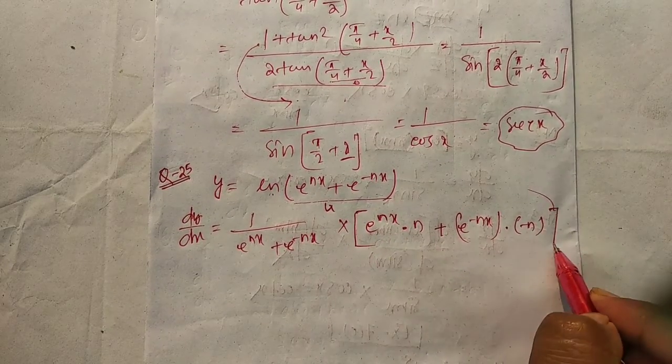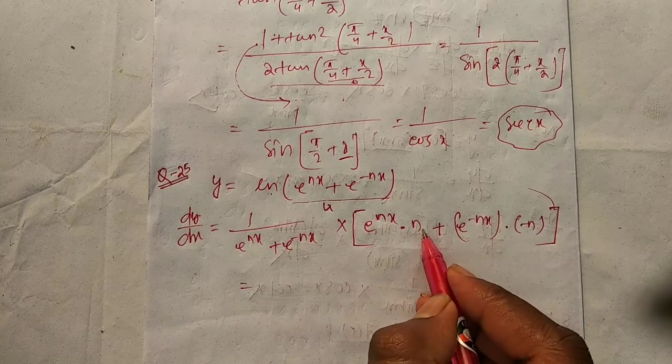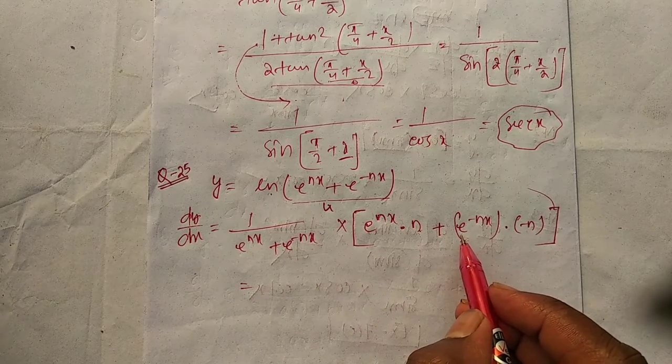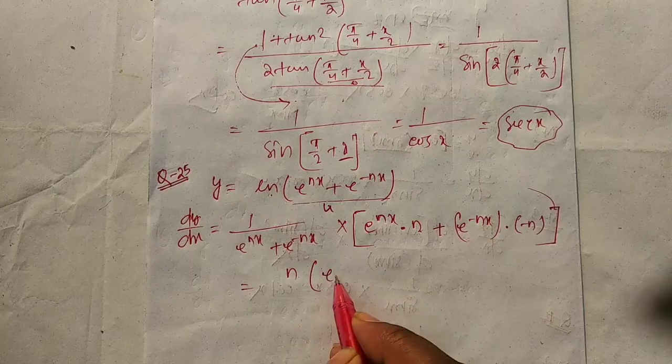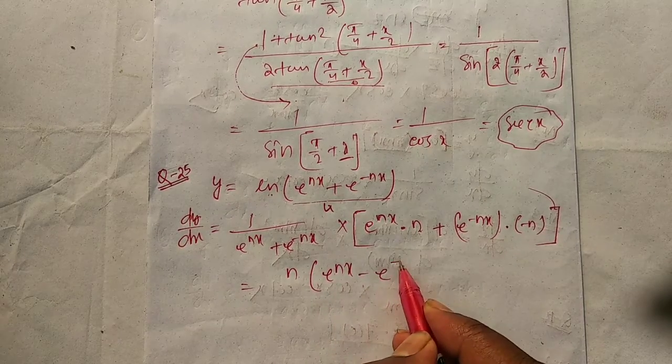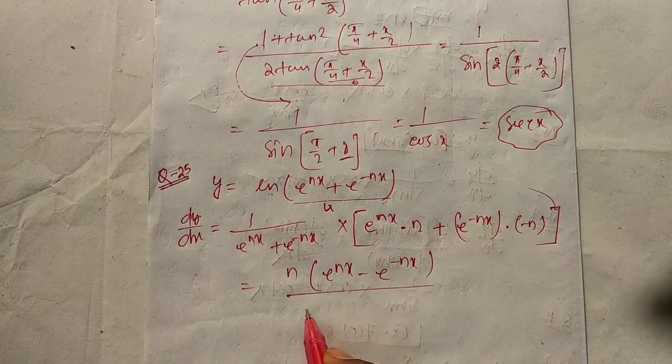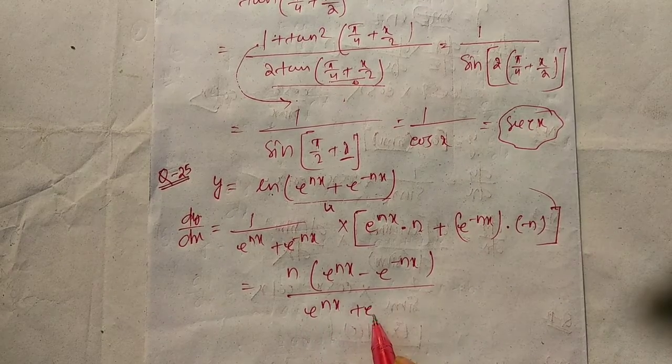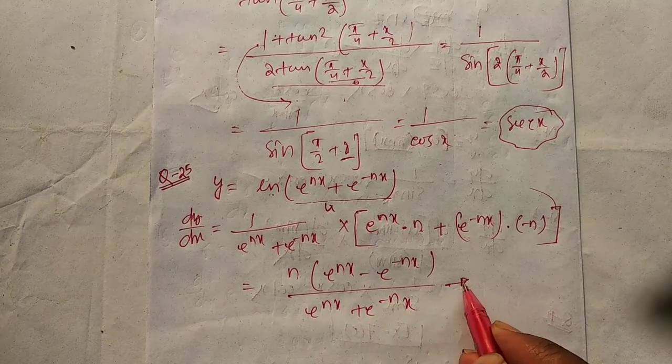Okay, so how much are we obtaining? Observe, n will be common, taken outside: e to the power nx minus e to the power minus nx upon e to the power nx plus e to the power minus nx. So this is the final answer.